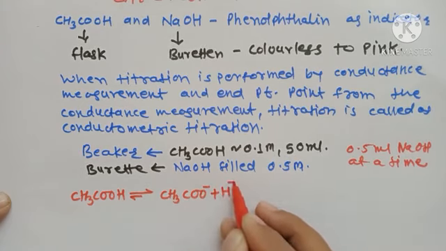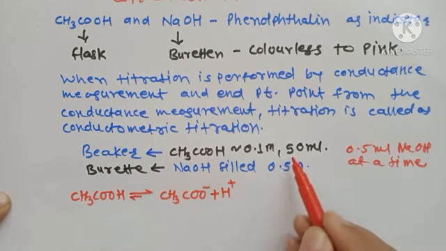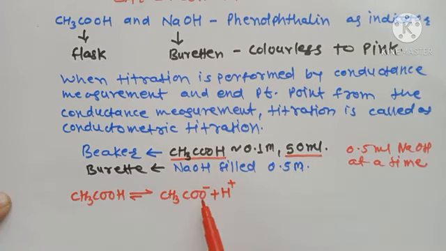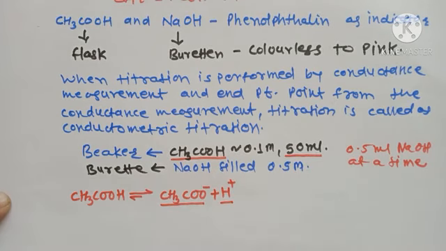So initially when we take the 50 ml solution of acetic acid in a beaker, it shows some conductance, and it is due to the presence of a small quantity of acetate anion and H plus ion in the solution.